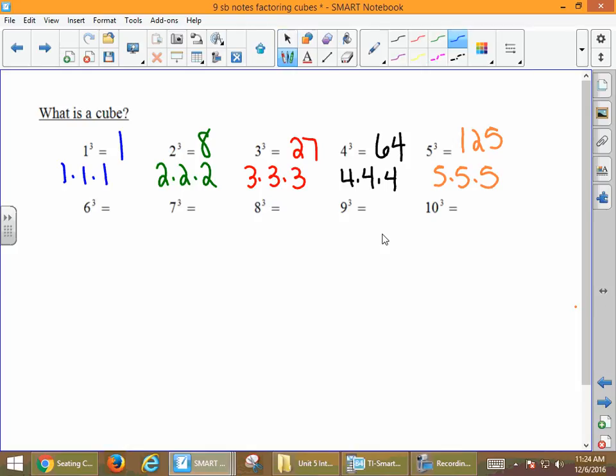And 6 cubed is 6 times 6 times 6, which is 216. And 7 cubed, I have to admit I have to look, 7 times 7 times 7 is 343.